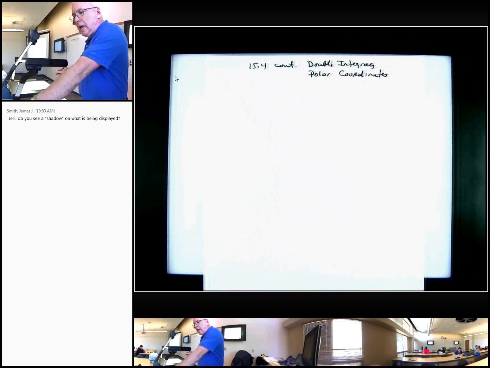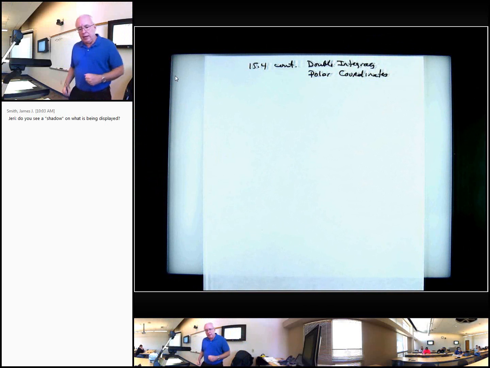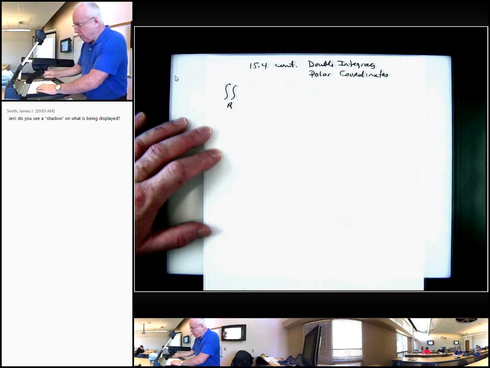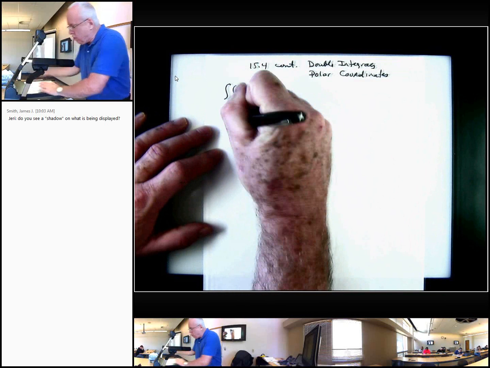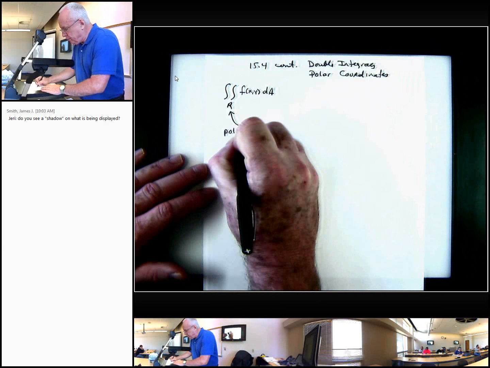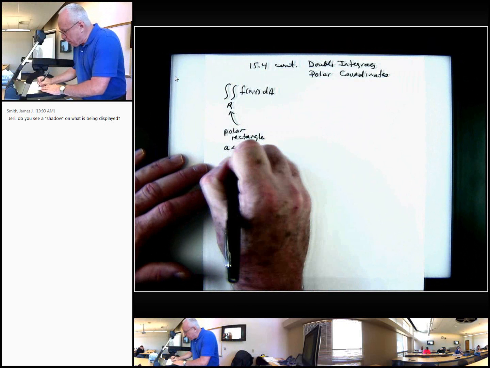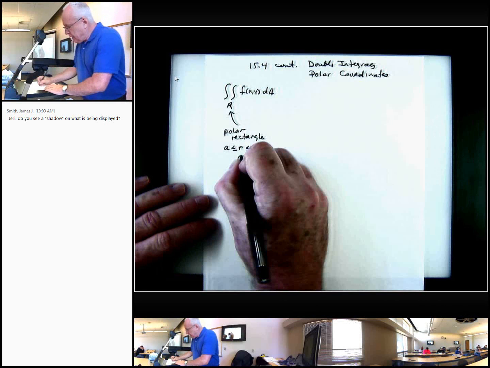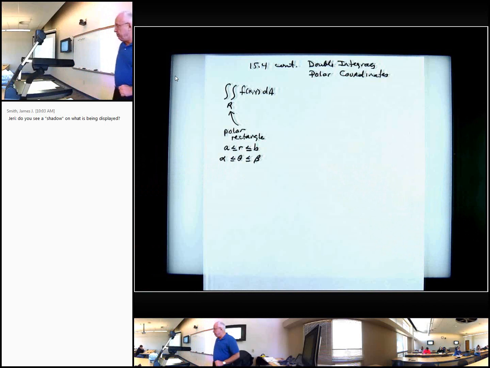All right. And I want to just put, first of all, the general formula up here that we got from last time. The double integral over region R of f of x y dA. Now where we're integrating over is what's called a polar rectangle, which means that r is going between two values, a and b, and theta is going between two angles, alpha and beta.